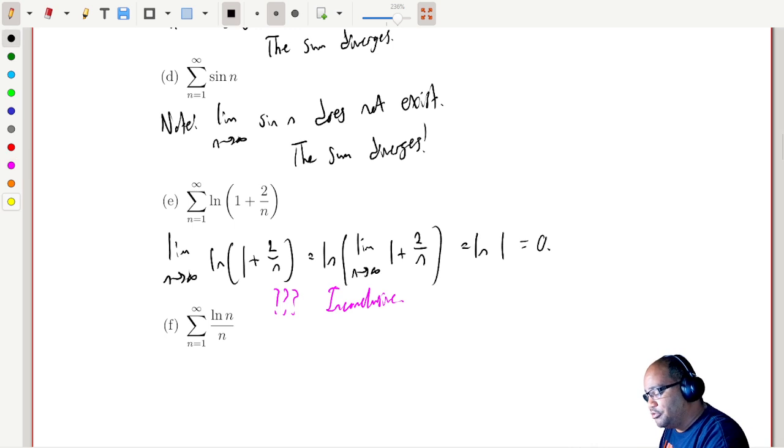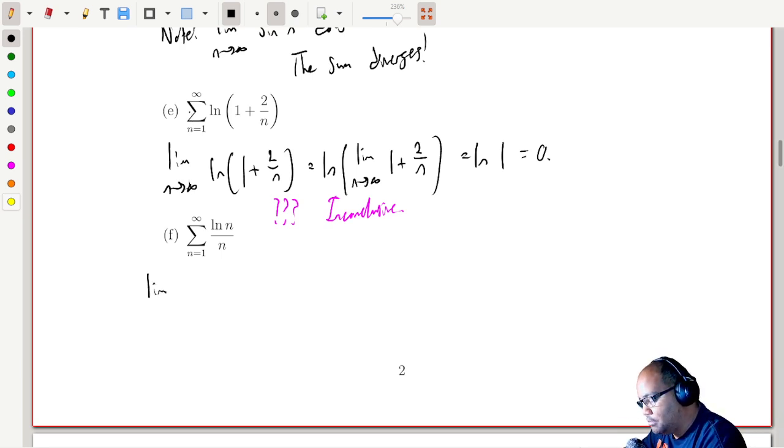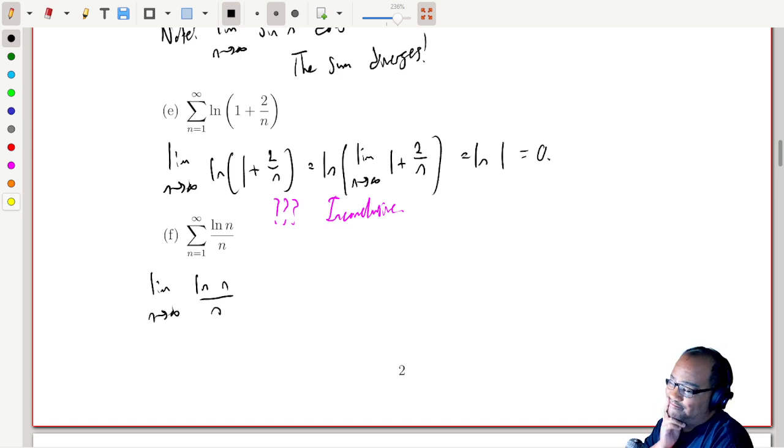All right, this last one here is pretty interesting. Log of n over n. Well, take a limit. We take the limit here of log n over n. Oh man, well, how do we do that? If I plugged in, using bunny quotes here, infinity, I get infinity over infinity.